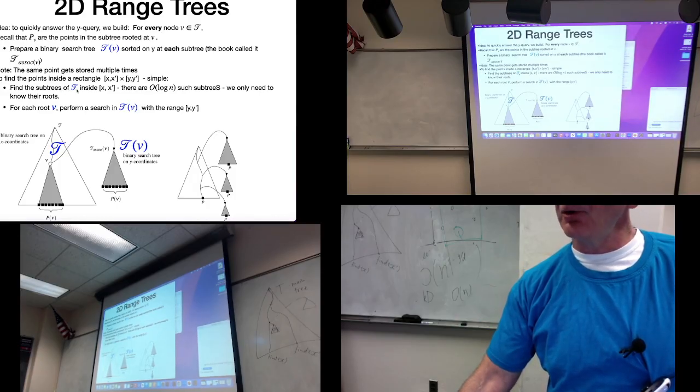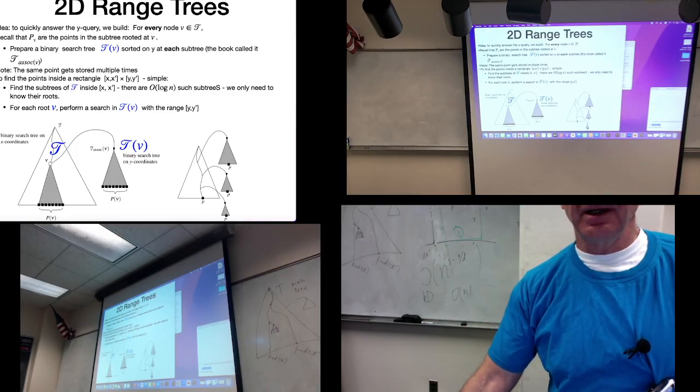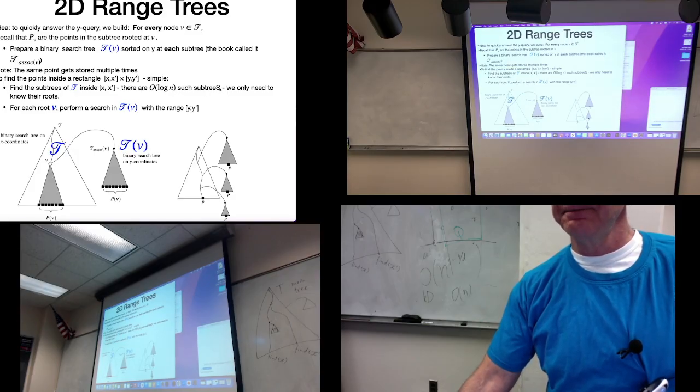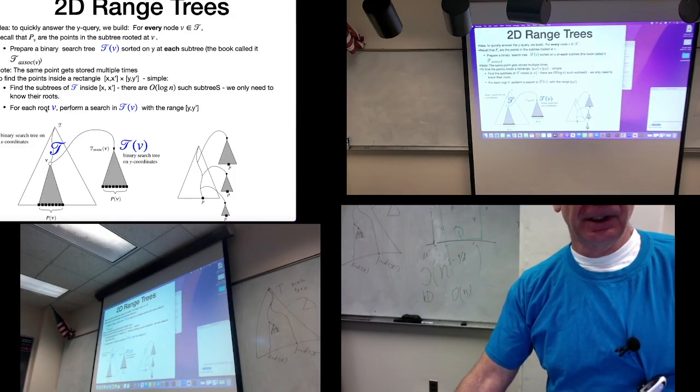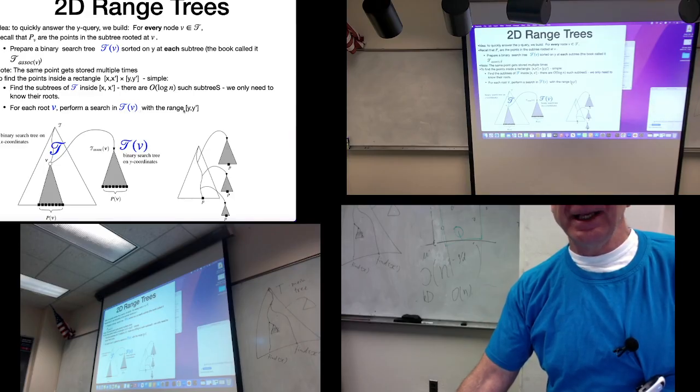And so I find the subtrees of T prime. All I need is a collection of pointers. There are order of log n, to be precise, 2 times log n such subtrees. Go to each one of them, once I know the roots. And for each of these roots V, perform a search of T of V with the Y interval.